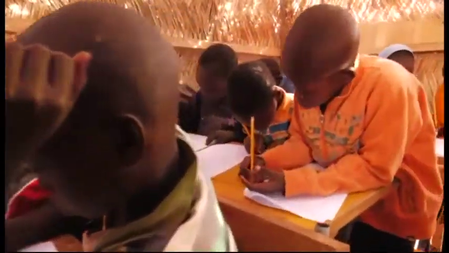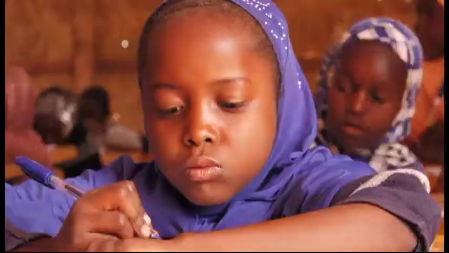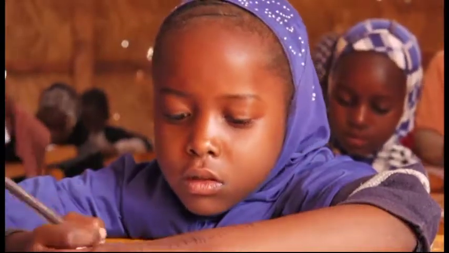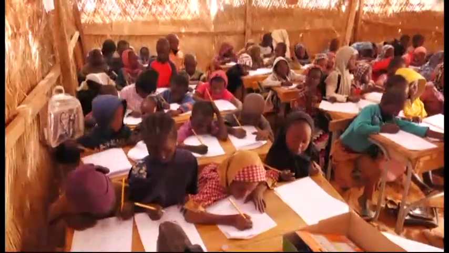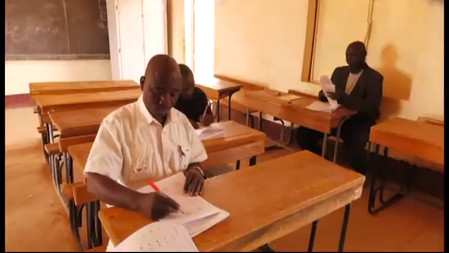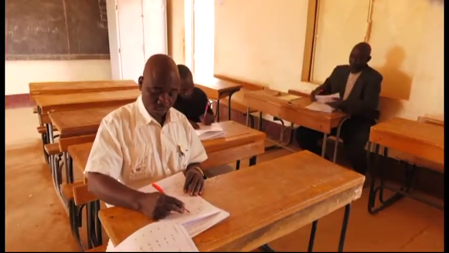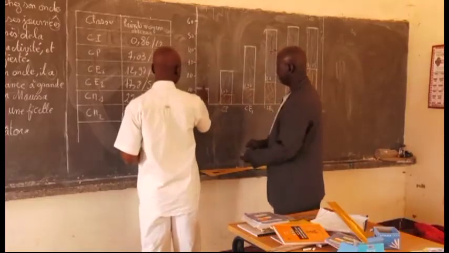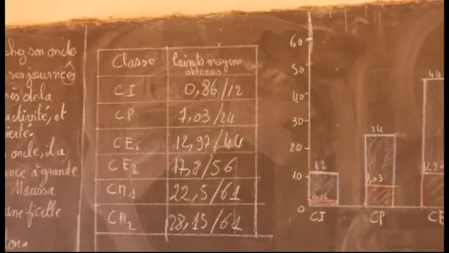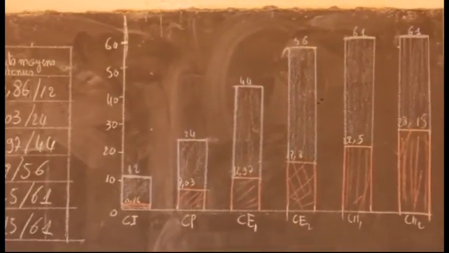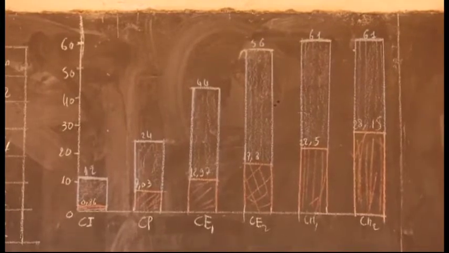These are carried out for arithmetic, reading and writing, for all pupils from the 1st grade to 6th grade. After marking the papers, the test results are displayed in the form of simple score tables and graphs, so they can be easily understood by the community and shown at the community meeting.